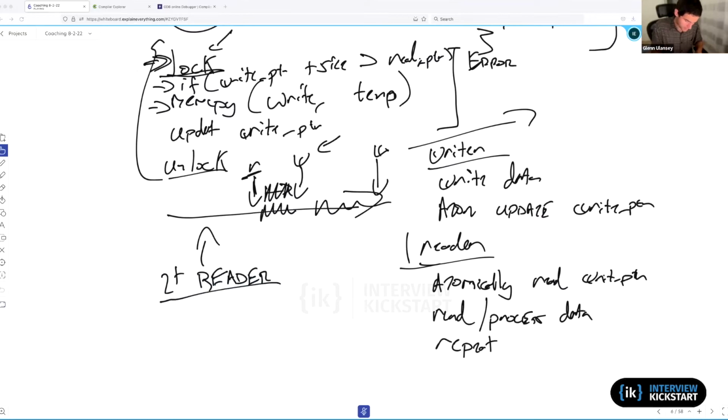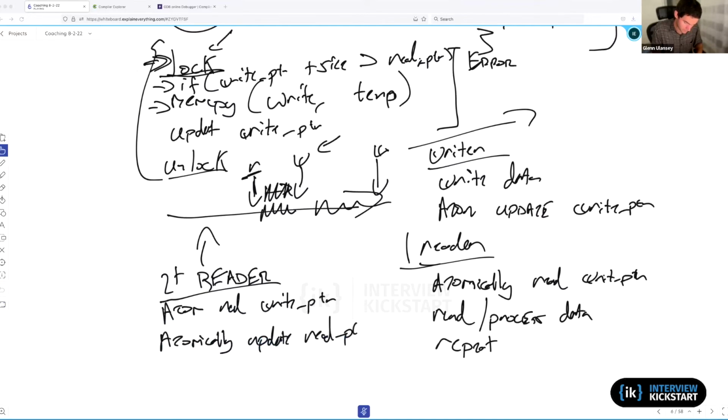what we need to do is still, once again, atomically read the write pointer. Then what we need to do is atomically update the read pointer. Not that we've read it yet, but the reader needs to essentially claim or reserve or ensure that no one else is going to read that data.